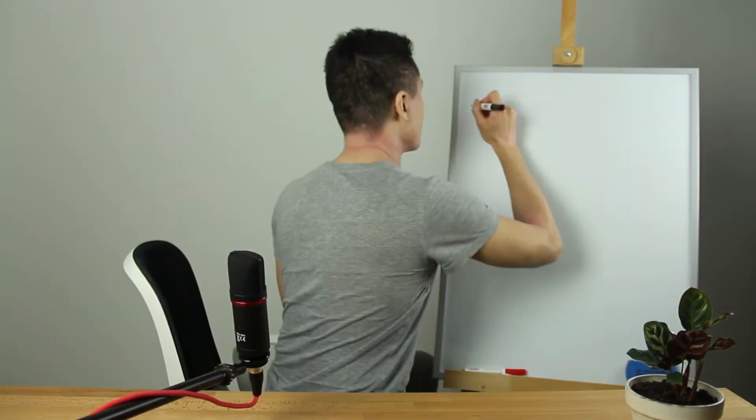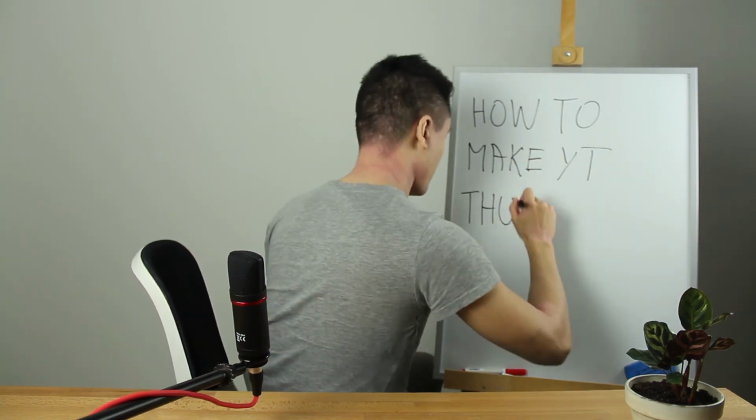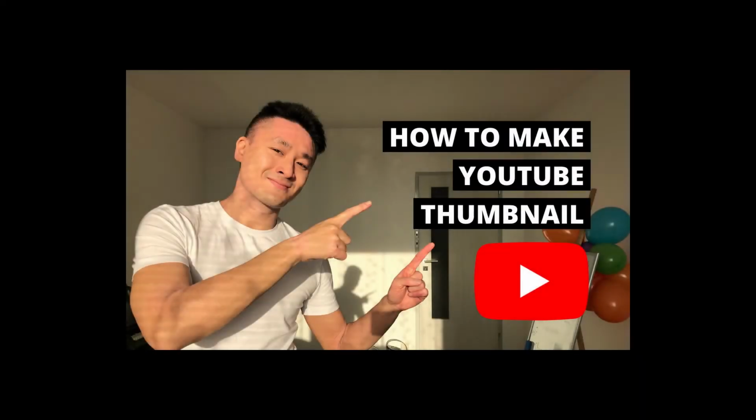Today we're going to learn how to make a very basic and simple YouTube thumbnail for your YouTube videos. Let's start. First of all, let's see what we're going to learn today. This is the thumbnail that we're going to be making, and the app that we will be using is canva.com.